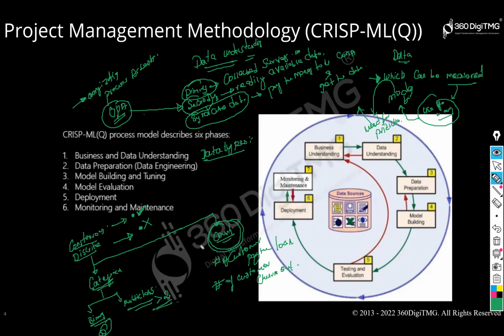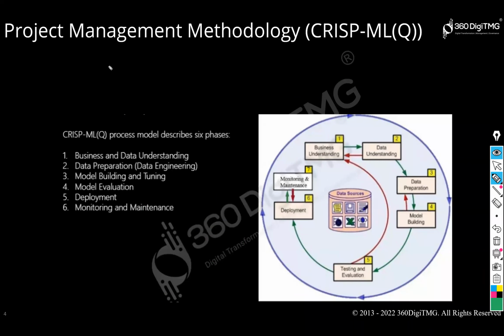We have a few more interesting things about the data types. We have nominal data, ordinal data, interval data, and ratio data. Nominal is the least preferred data.